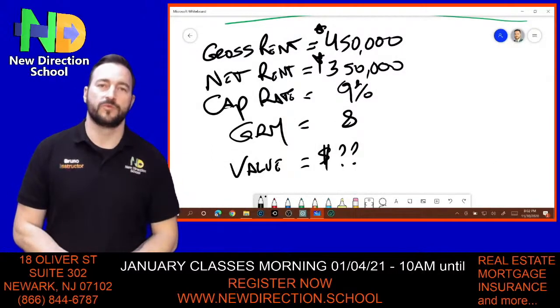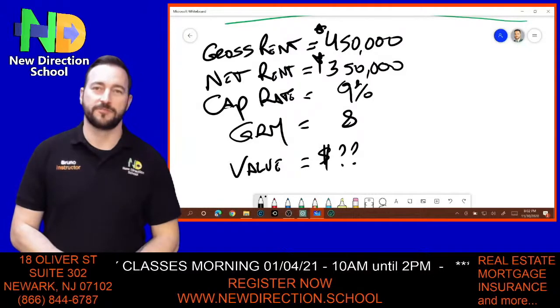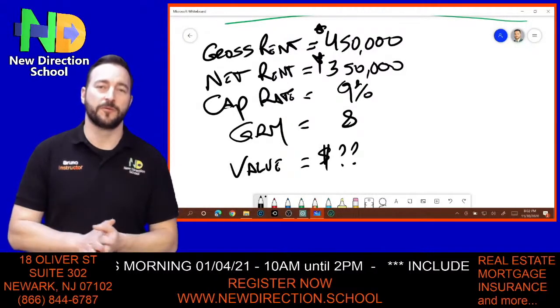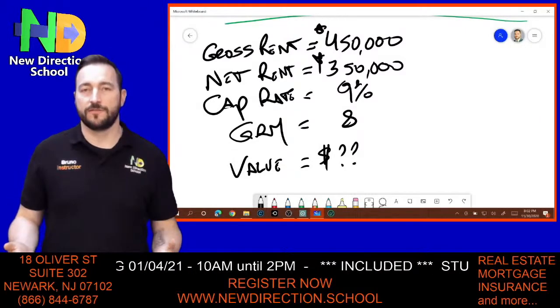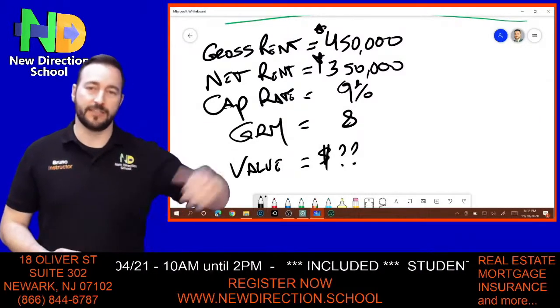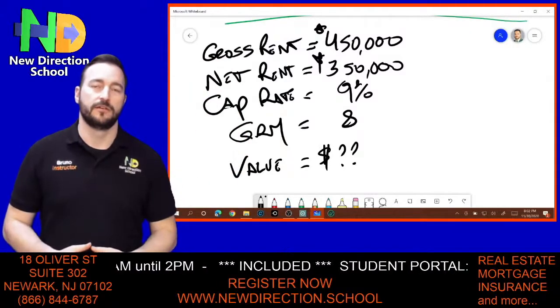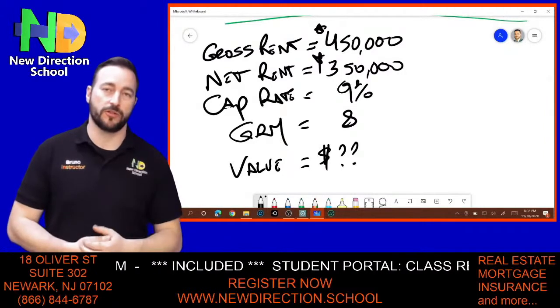Now, before you guys start doing math, okay, some people just go straight at calculations. Focus, stay here with me for a second, and then you can do your math, right? If the question was based on the cap rate, we're going to do the cap rate first, which is the most common one on the state exam.